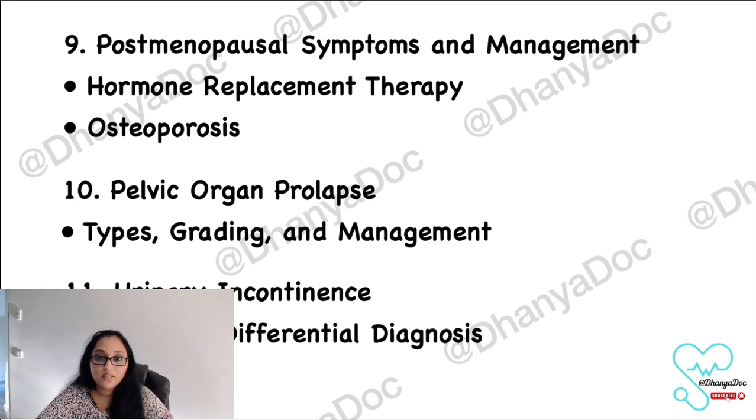And for urinary incontinence, the different types. You should know different scenarios of the different types of urinary incontinence, and they will give you a clinical scenario and they will ask you what type of incontinence this is, like that. And then what the management is. The basic management part you should know.